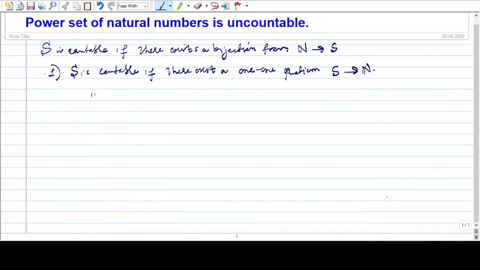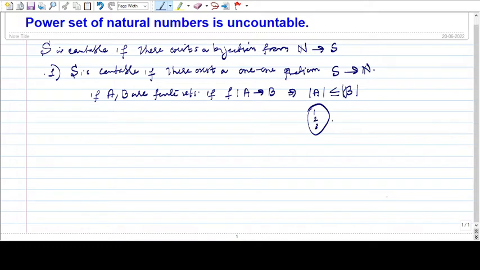It is because if A and B are finite sets, then if f is a function which is 1-1 from A to B, this implies the cardinality of A is less than or equal to the cardinality of B. If the other way, say 1, 2, 3 and 4, 5, you will not be able to make a 1-1 map, because definitely two values must share a point in the codomain.